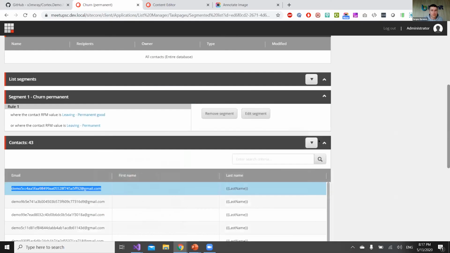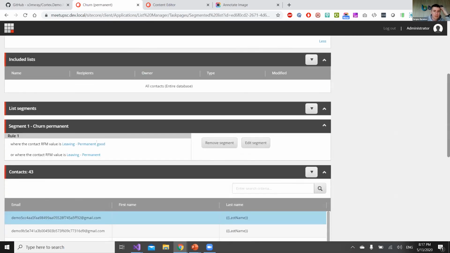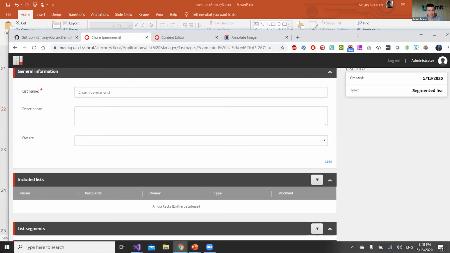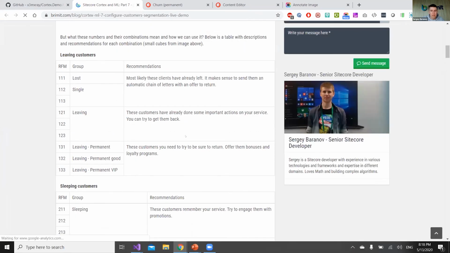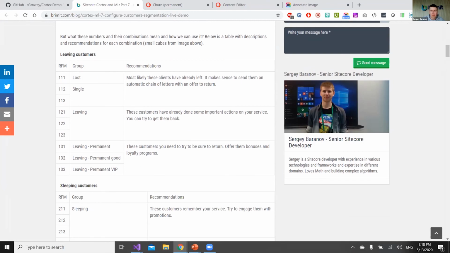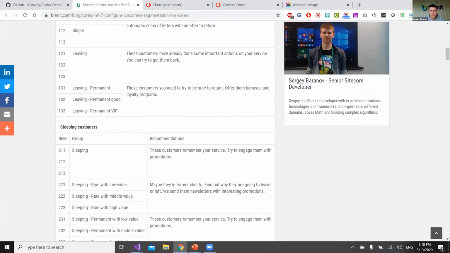And in the end, by using RFM in combination with the K-means algorithm, we can easily determine not only churn customers, not only leaving, but we can split our customers into many groups and use many recommendations for marketers on what to do with our customers.